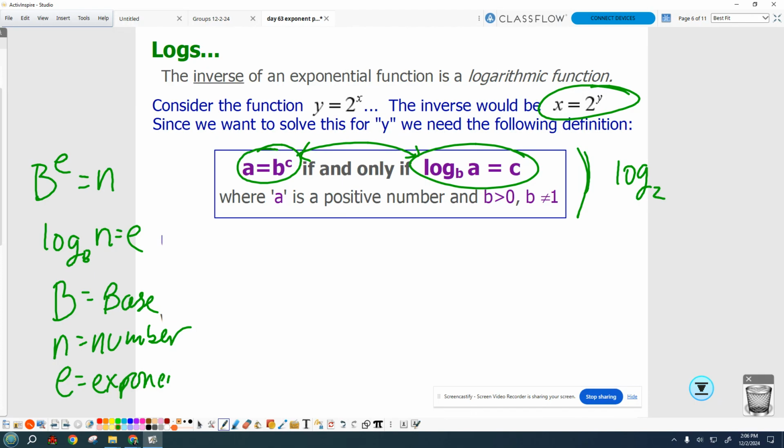Well, it's really a spelling issue more than a math issue, I think. Okay. Cool. So, base, number, exponent. So you can turn it into log. I don't know how to tell you other than this is the translation.